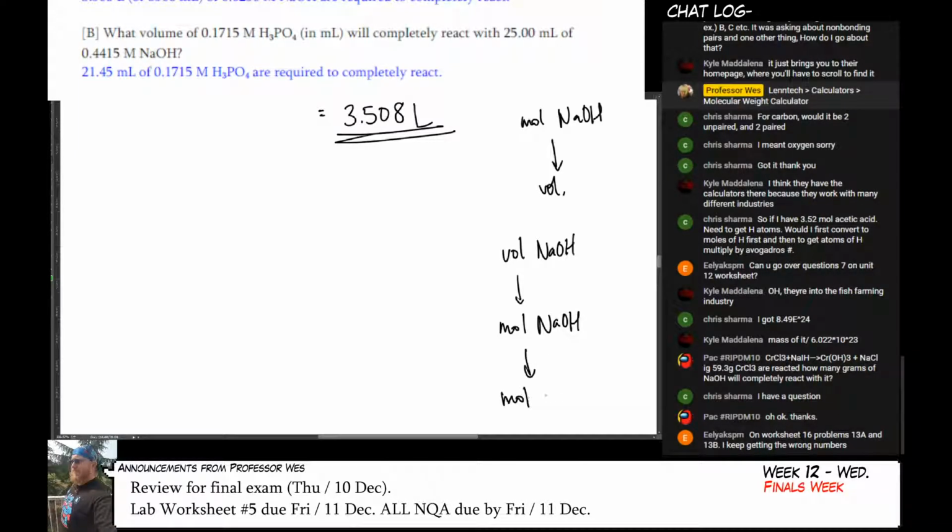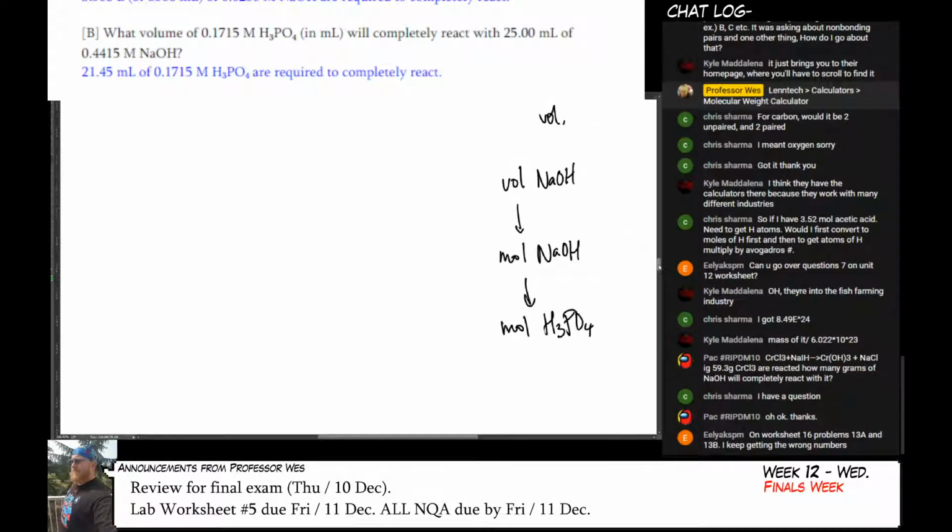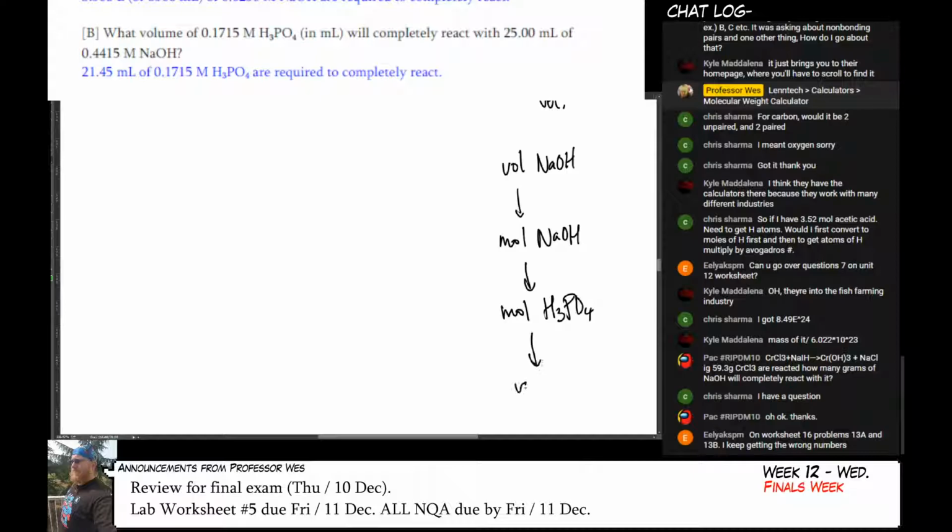And then I could turn moles of sodium hydroxide into moles of phosphoric acid. And I could turn that into a volume of phosphoric acid using the molarity. So I need to turn volume into liters, so we're going to just do that automatically.